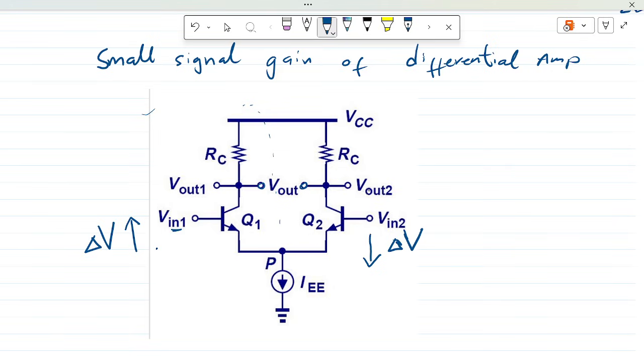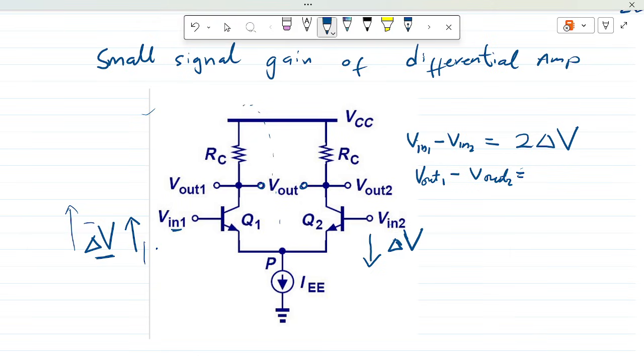So now the differential input Vin1 minus Vin2 is going to be delta going up minus the same delta going down, so that has to be 2 delta V. Okay, now to find our gain, all we need to do is find Vout1 minus Vout2.